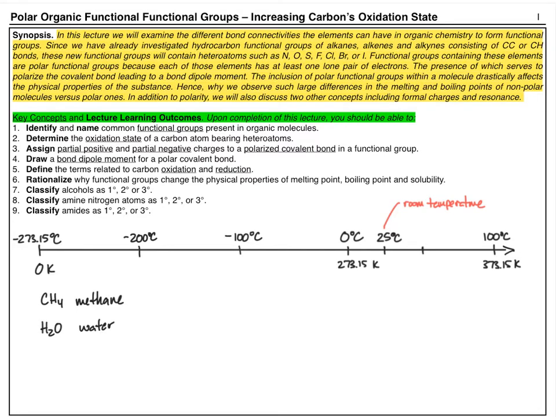The melting points of these substances in degrees C are the following. Methane melts at negative 182. Water melts at 0. The boiling points: methane boils at negative 161, and water boils at 100.